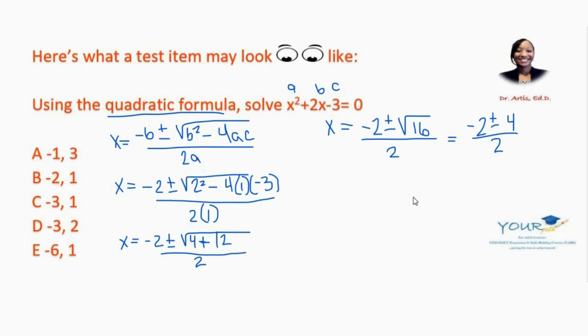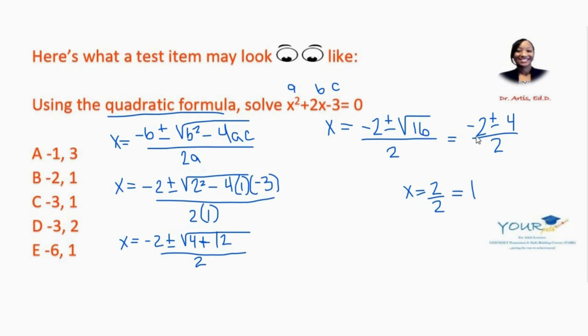So now x equals -2 plus 4 will give us a +2, and this will be divided by 2, 1.